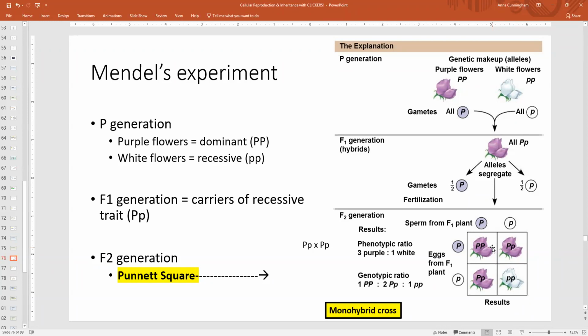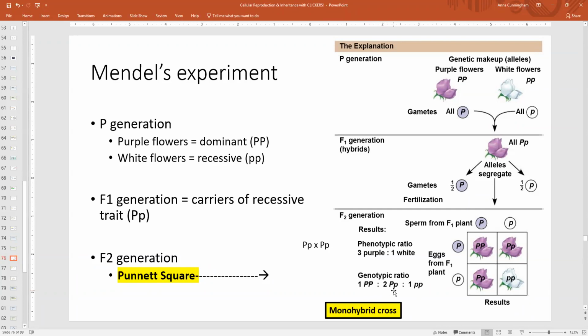However, we have to interpret this further. Those are our likely genotypes, combinations of alleles, but what does this mean for the observable characteristics? That's also shown in the Punnett square to the right, but we can also look at that by just looking at the genotypic ratio. If we have capital P, the dominant trait will be expressed, and in this case, that's a purple flower.